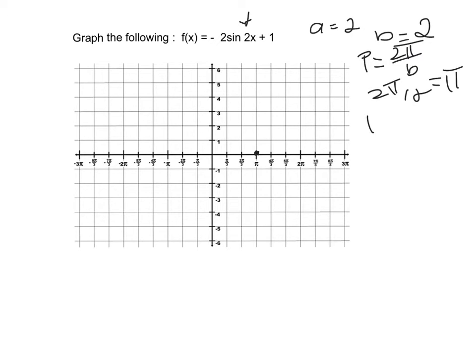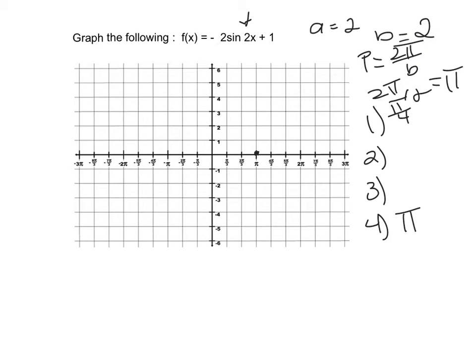All right, so if I'm going to figure out what my intervals are, I know that a full cycle is going to end in pi, so that's my last interval. I'm going to stop at pi, and then I'm going to start all over again. My first stop is going to be pi over 4, because I'm always going to do pi divided by 4, or I can do the period, pi, times 1/4.